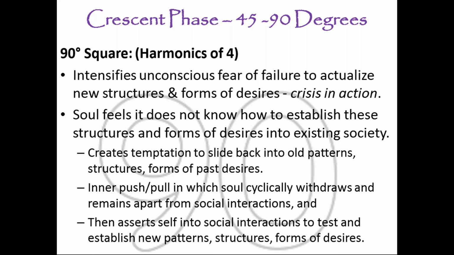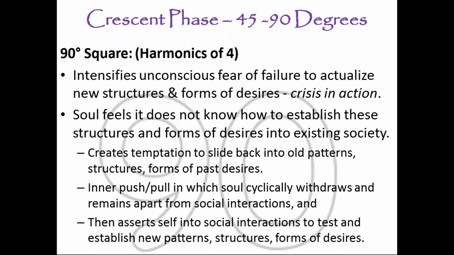If we're looking at the waxing square of 90 degrees, there is as much crisis in action applying square as there is separating square when you look at those 5 or so degrees on either side. The closer it is to 90 degrees, whether 89 or 91, the more intense it is, the more there can be that fear.